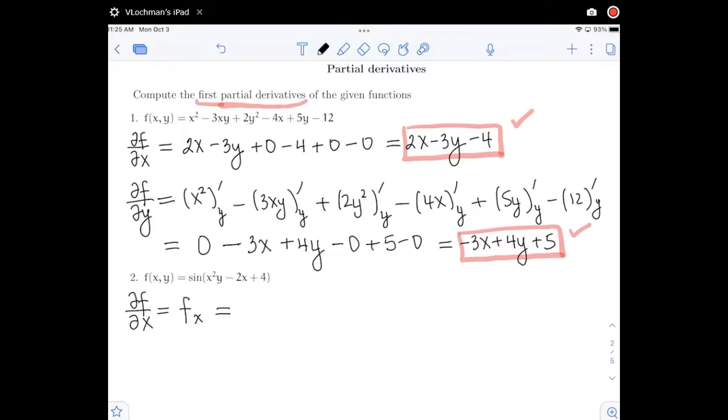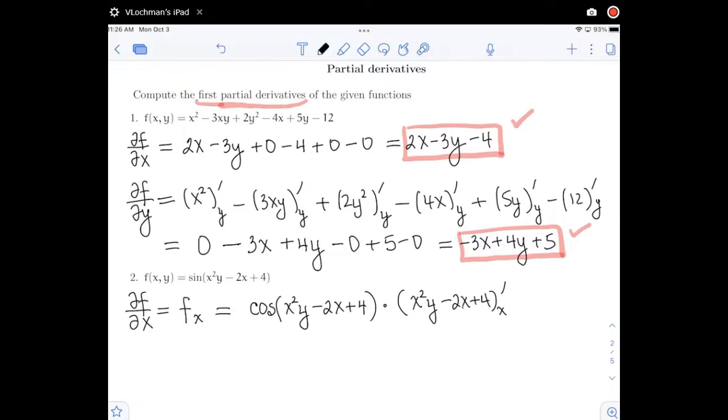Okay, so here's a more complex function, right? We have sine, and then the expression inside is in terms of x and y. So this would be the derivative of sine, which is cosine of x squared y minus 2x plus 4 times the derivative of the inside with respect to x, right?